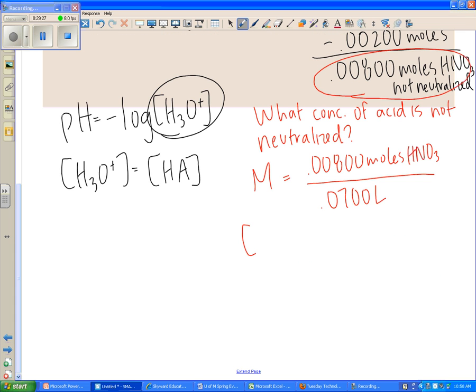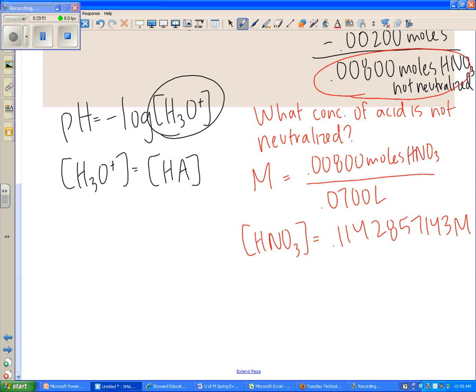So the concentration of the HNO3 that is not neutralized will be 0.00800 divided by 0.0700 liters. When I calculated that, I got 0.114285714 molar.